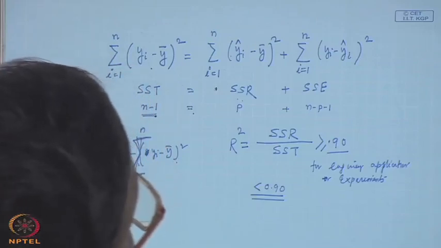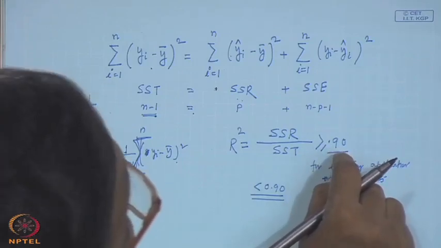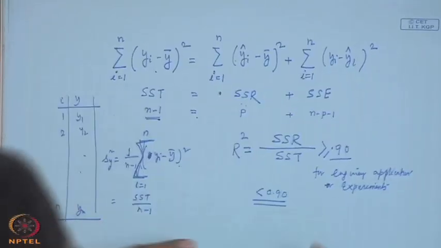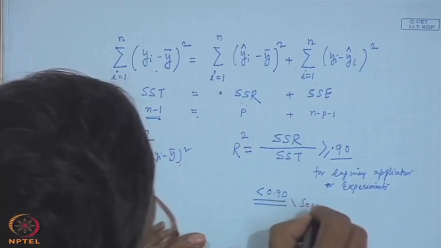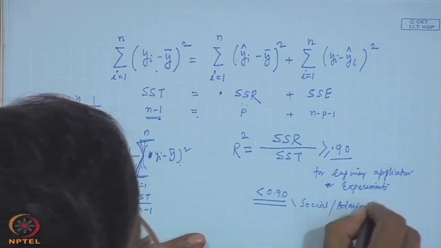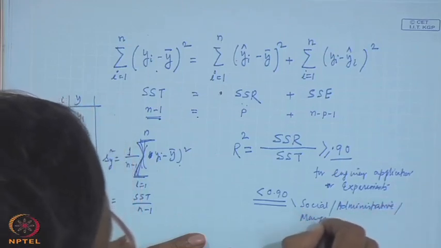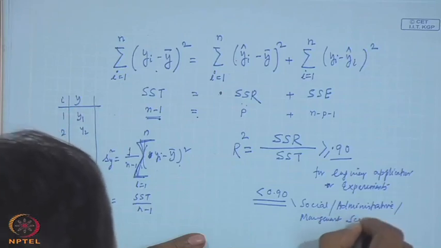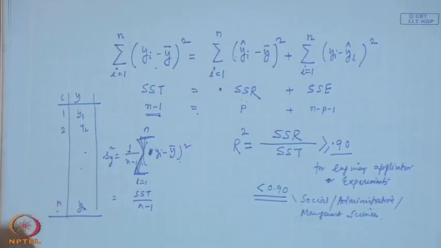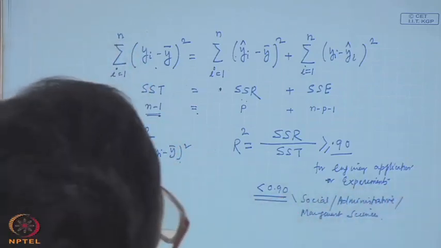So, there it will be very difficult to get R square equal to 0.9; you may get less, but even then you can go ahead, for example in the social, administrative, and management sciences. It can be less than 0.90, but it all depends on the accuracy required. Okay.